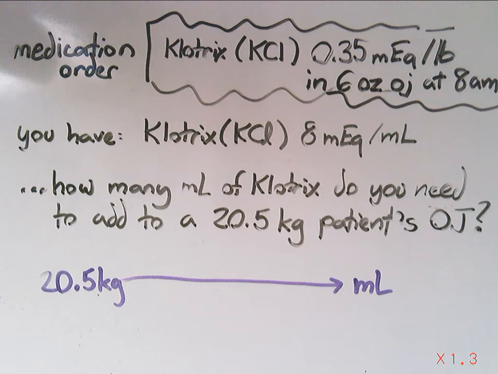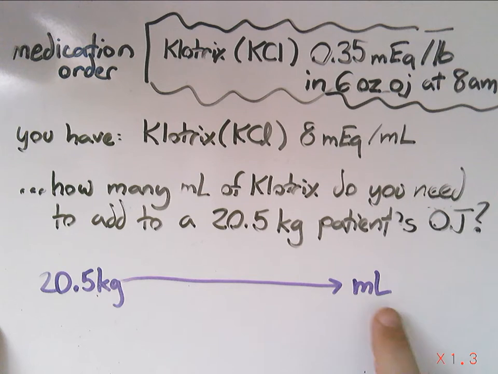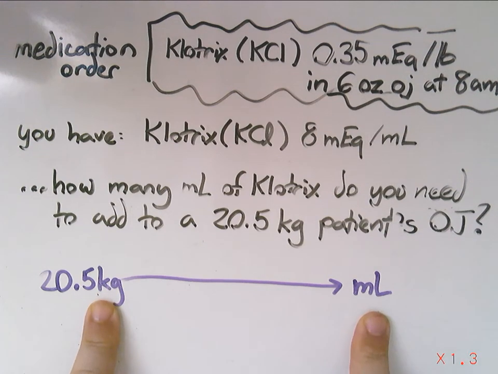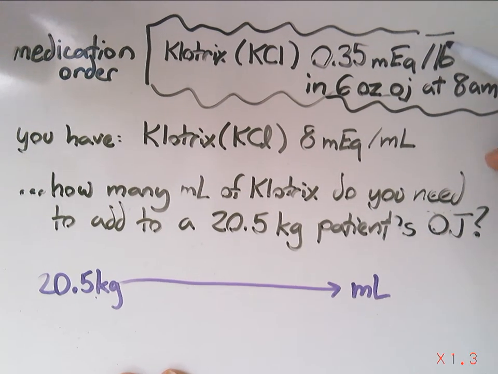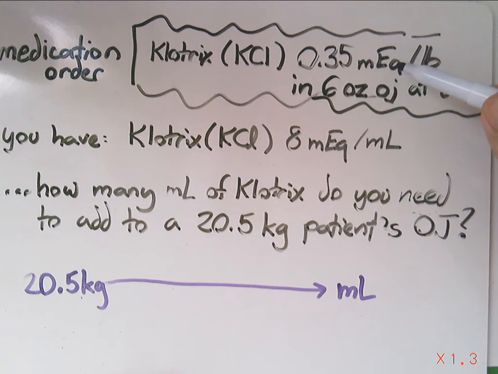Now, the next thing I have to do is link the patient's weight with an amount of Clotrix. So I'm going to look through the problem for something that links the patient's weight to the amount of Clotrix. And here, it's the dosage up here. This is the amount of Clotrix, whatever those units are, milliequivalents, per pound of patient.